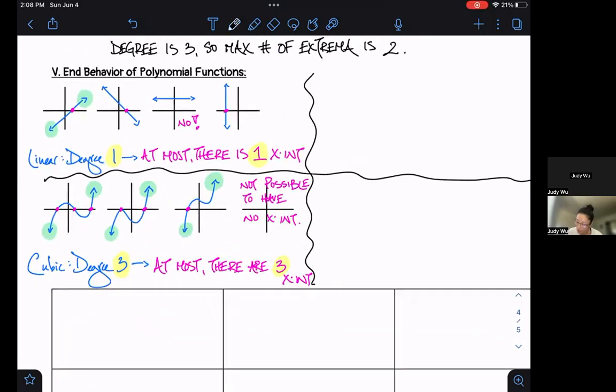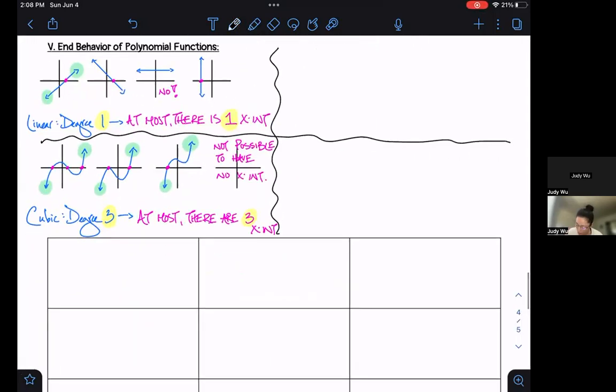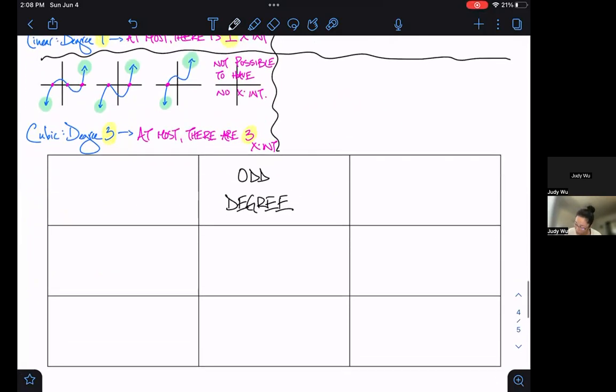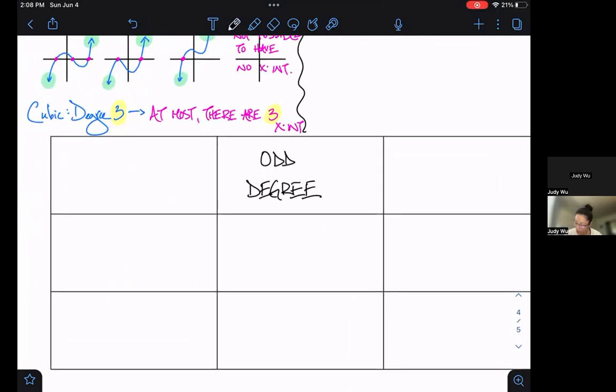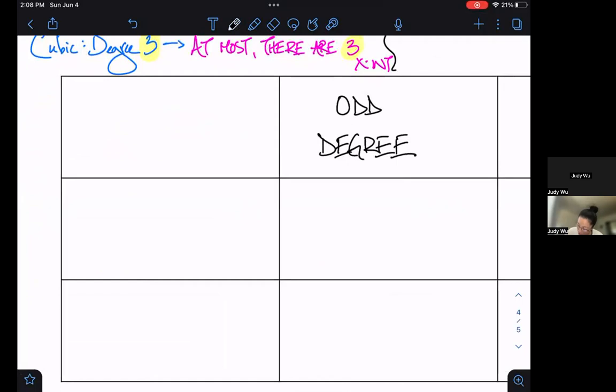And it turns out that if we were to look at a bunch of different polynomials that had odd degree, so maybe degree 5, degree 7, degree 101, doesn't really matter, we can tell the end behavior just by the degree and whether the leading coefficient is positive or negative.